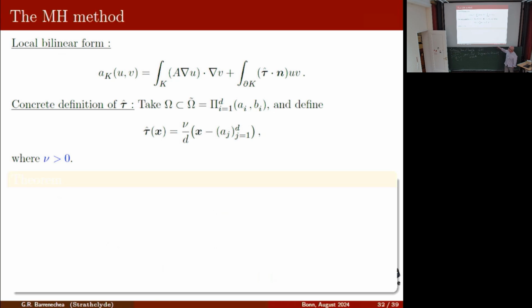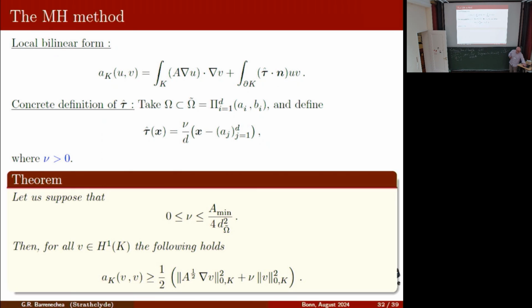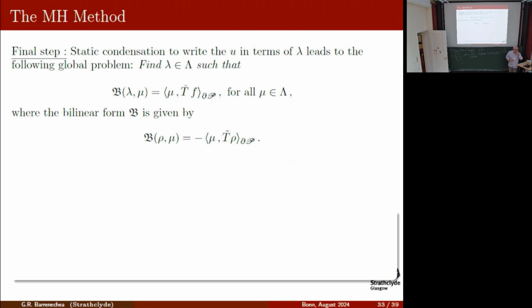And interestingly, or more than interestingly, fundamentally, if nu is small enough, and this depends on the minimum eigenvalue of my matrix, then we have an elliptic bilinear form. So for a well-chosen nu, that depends on the minimum eigenvalue of the matrix A, we have elliptic bilinear forms.